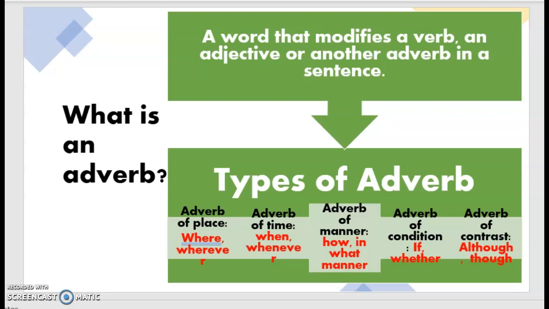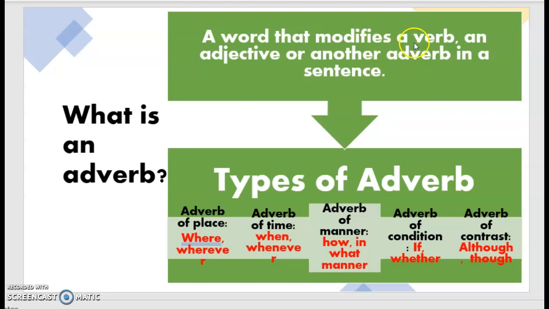What is an adverb? An adverb, like I said, is a part of speech. And that part of speech modifies a verb, modifies an adjective, modifies another adverb in a sentence. What do we mean by modification? When we say that a word modifies another, it means that it gives us further information about the word it modifies.